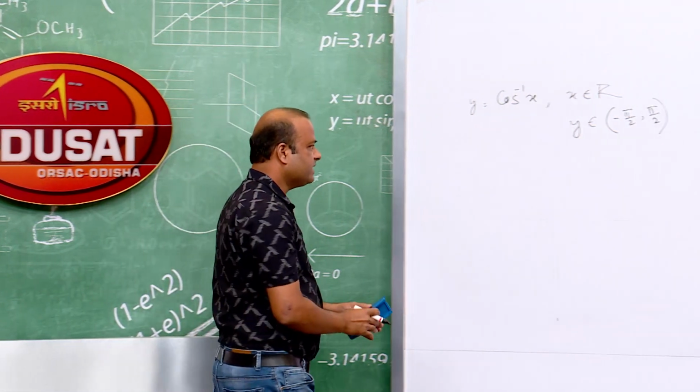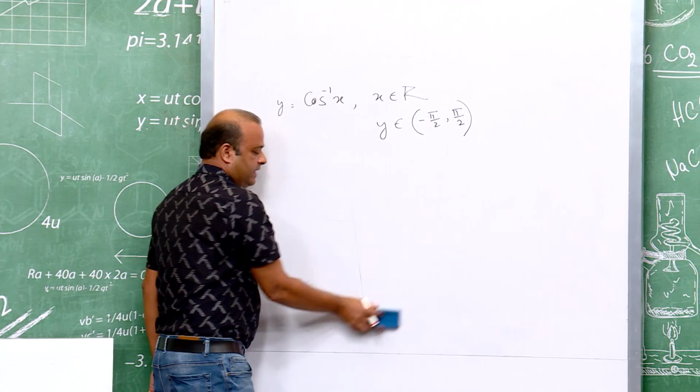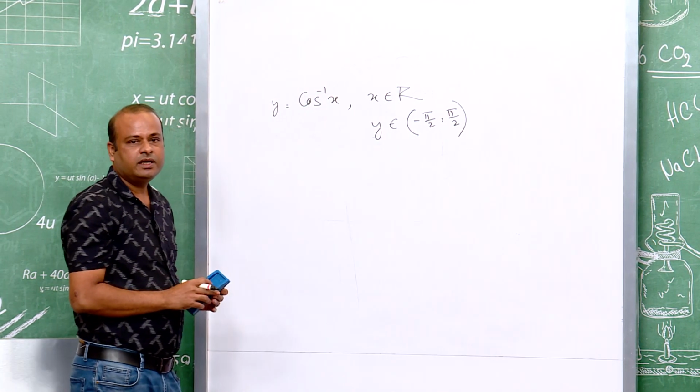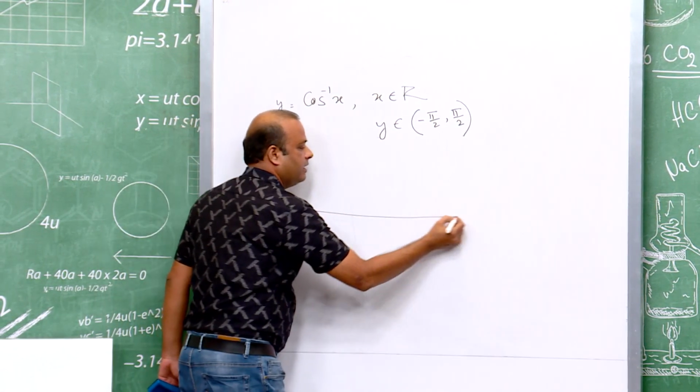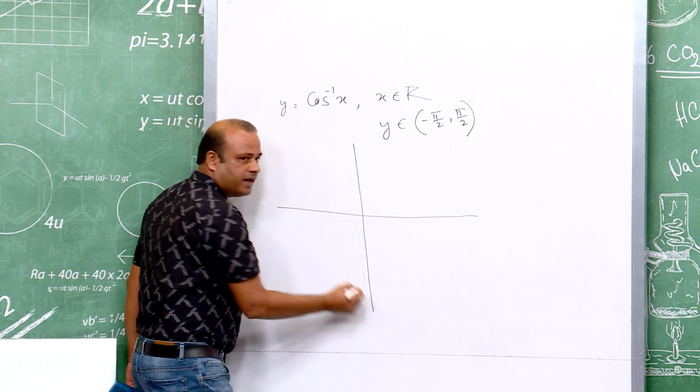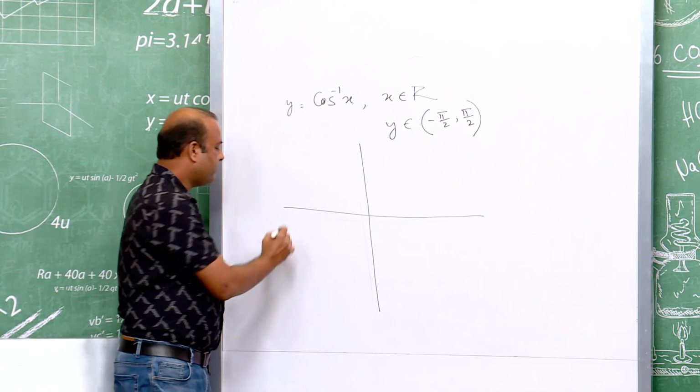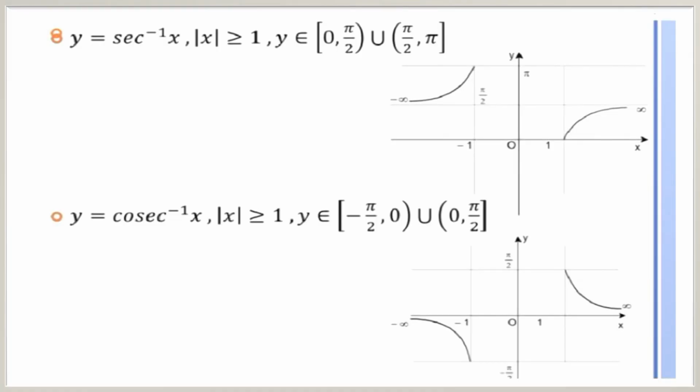So, in this case x is from minus infinity to plus infinity. You can see the graph on your screen, though it is wrongly written, actually it is like this, and y is from pi by 2 to minus pi by 2, right.